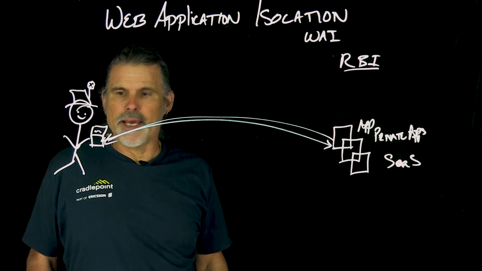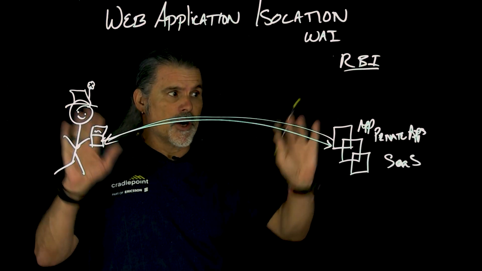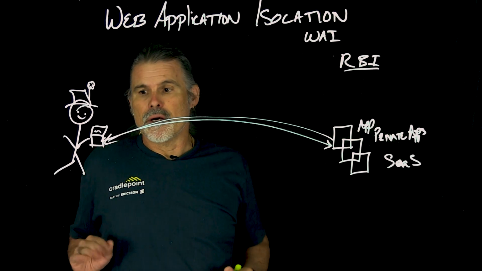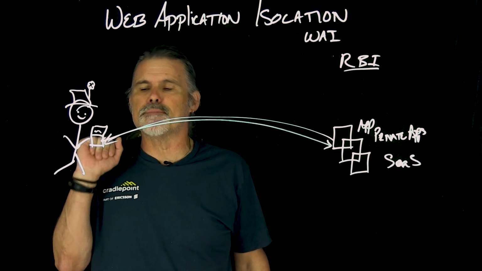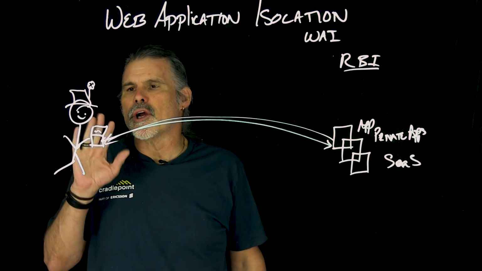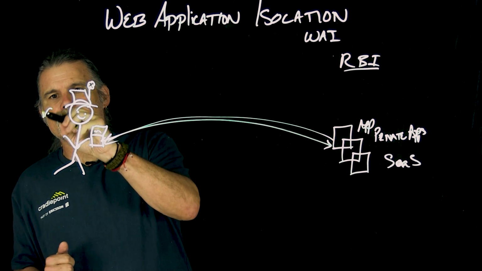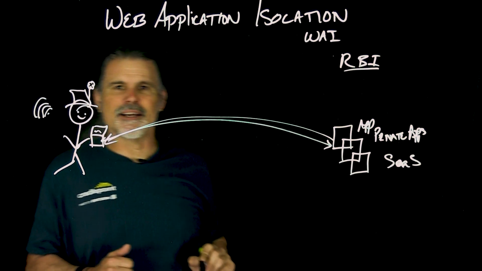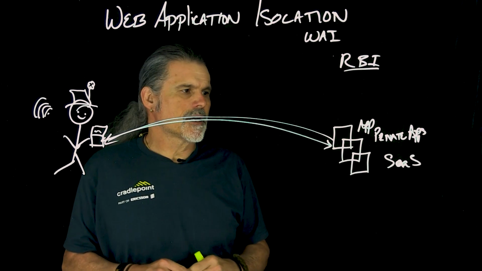executed in the browser. Now, if this is an untrusted user, and kind of where we're going with this, this individual might have malware on the laptop or computer. They might be connected to a suspect Wi-Fi, all that kind of stuff.